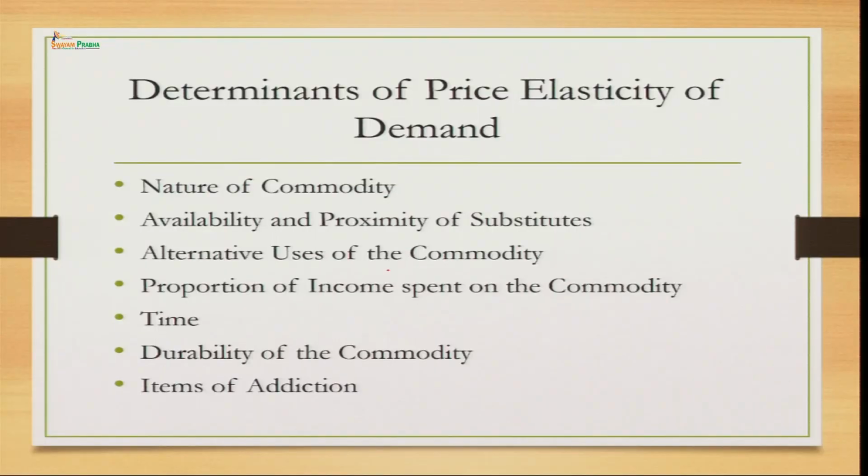Alternative uses of commodities. Yes, of course, there are items which can be used for different purposes, like electricity, like milk. These are just examples I am giving you. When the price of these goods increases, what do we do?